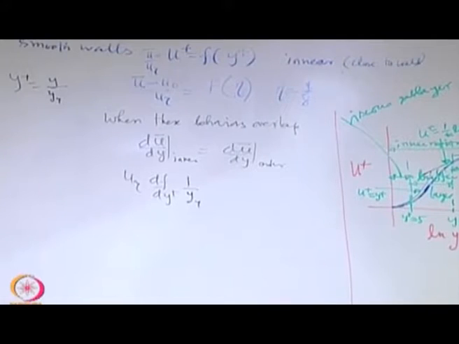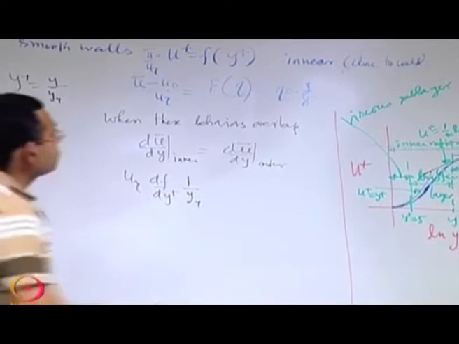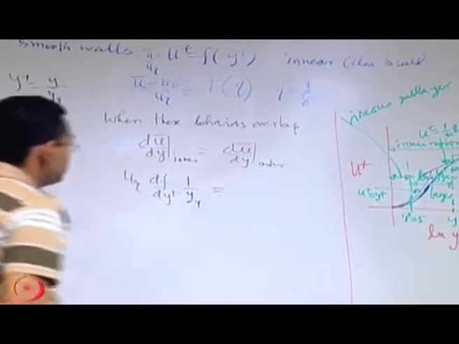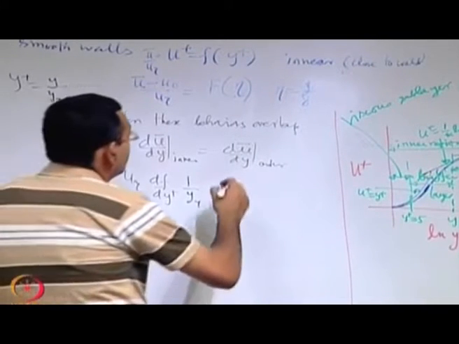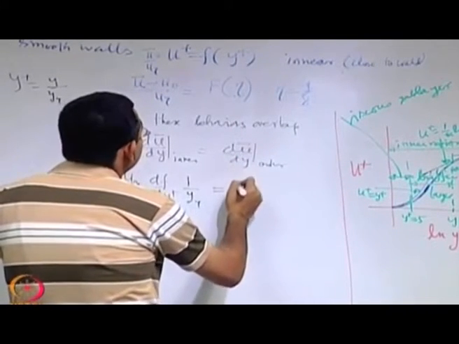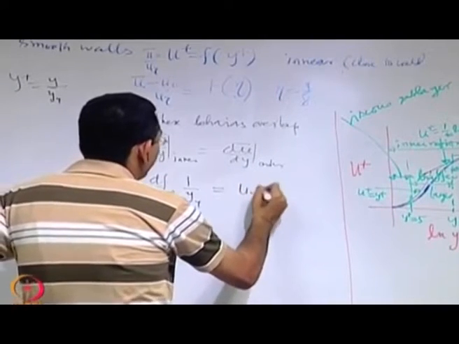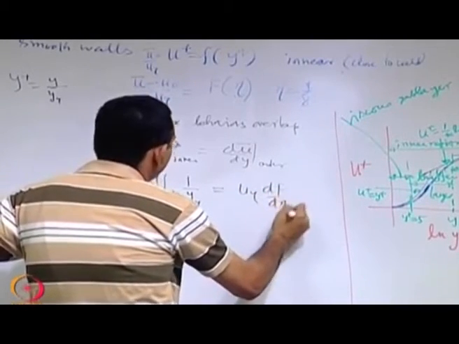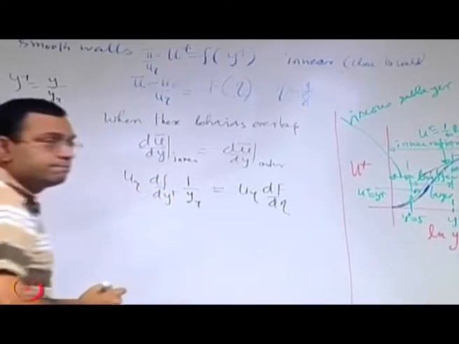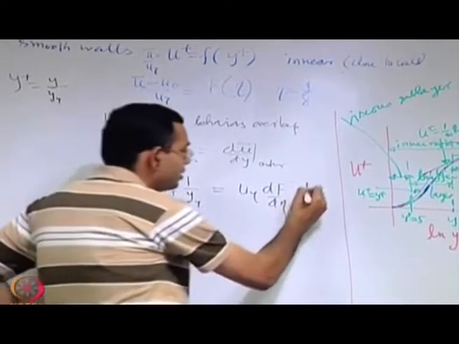What is du dy at the outer? It is u tau into df d eta into d eta dy, and d eta dy is 1 by delta.